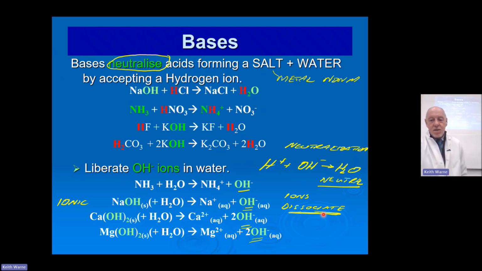These bases dissociate. With the acids, I used a different word. What word did I use? Ionize. Why did I say the acids ionize and the bases dissociate? Anybody got an idea? I'd be very surprised if you did.